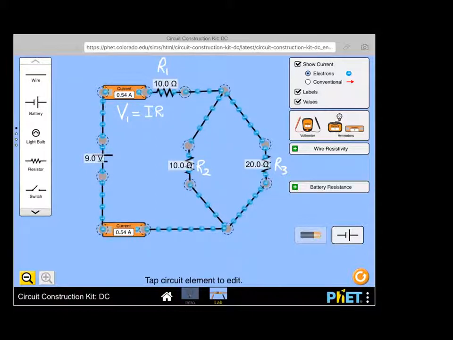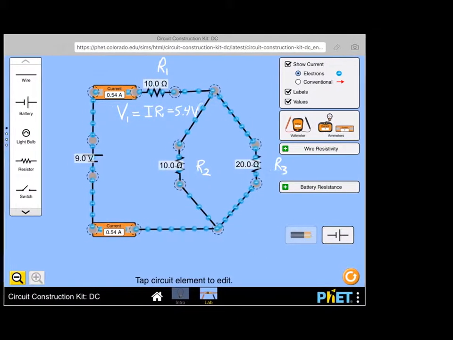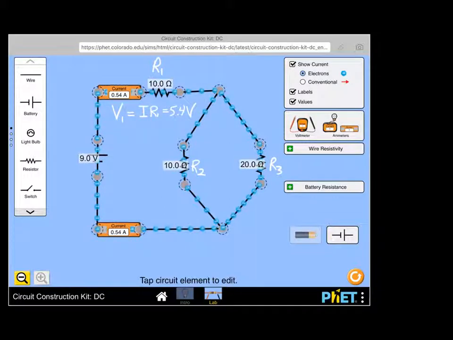So this is just simple math here. Since it's 10, it's a nice number to work with, 0.54 times 10 is going to give us 5.4. So the voltage 1 should be 5.4 volts. So let's see if that's correct. 5.4 volts.